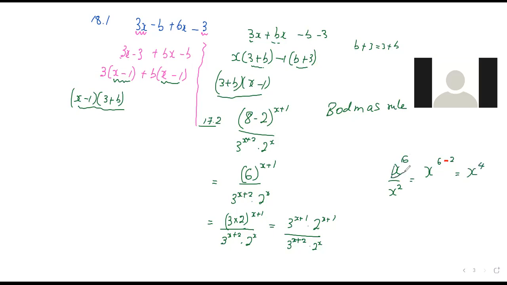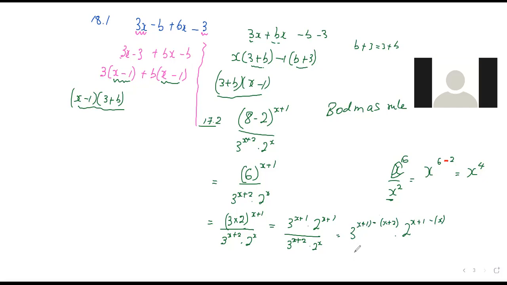If the bases are the same, we subtract the exponents. Now we need to subtract here. We'll have 3 into x plus 1 minus x plus 2, and then you have 2x plus 1 minus x.